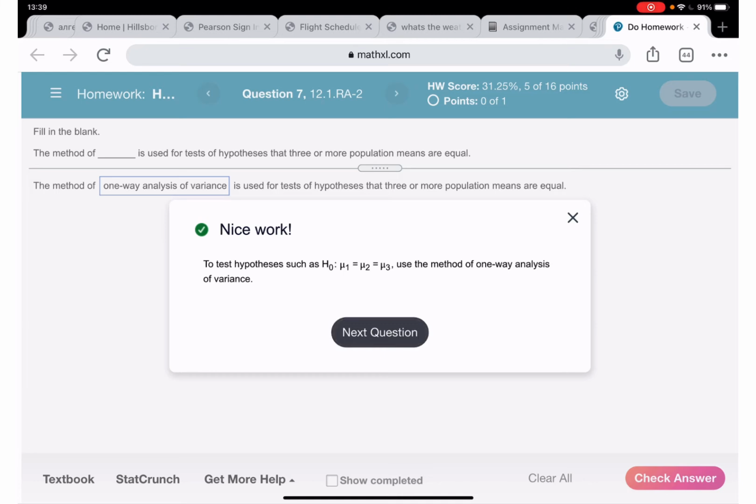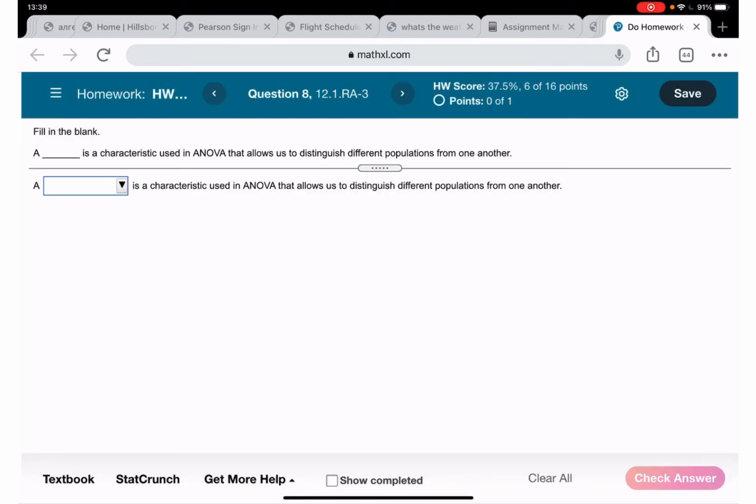Okay. Moving to the next question, number 8. Also, we need to fill in the blank. Let's open it so we see what choices are offered. What is a characteristic used in ANOVA that allows us to distinguish different populations from one another?